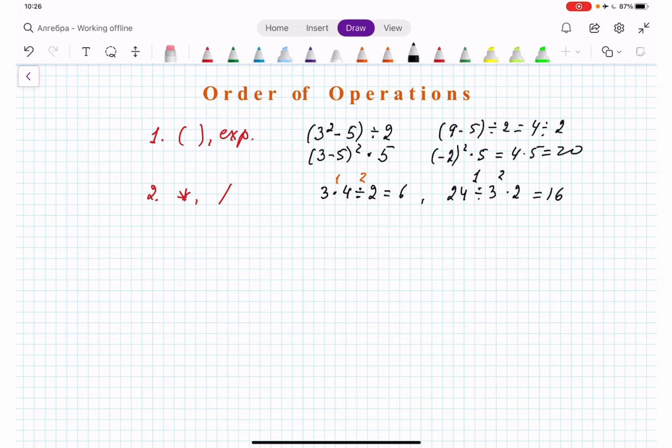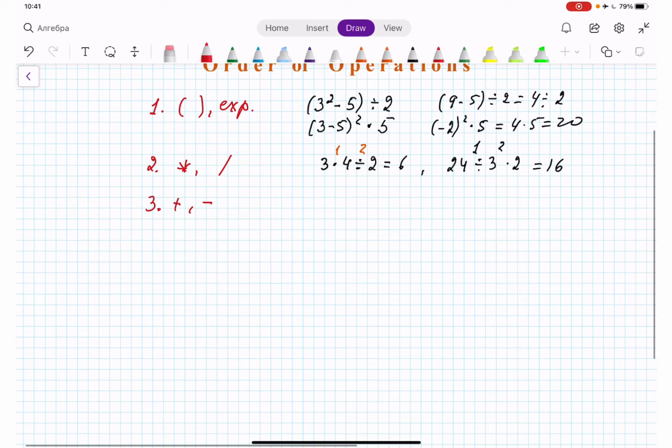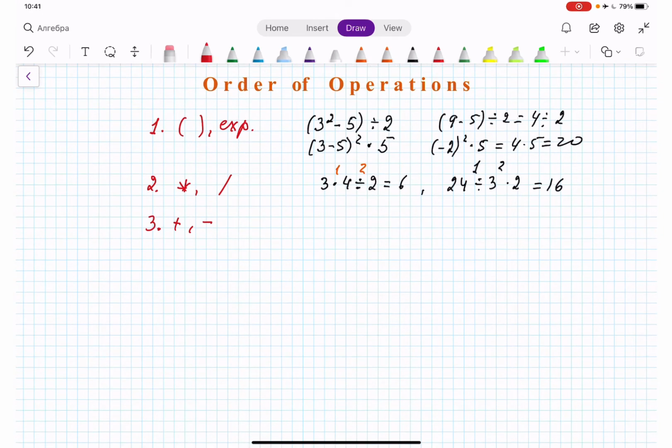Okay? All right. Third operation, it's coming addition and subtraction. Now, in this case, addition and subtraction, you can put addition and subtraction in any order. The result is not going to change. Let's see.